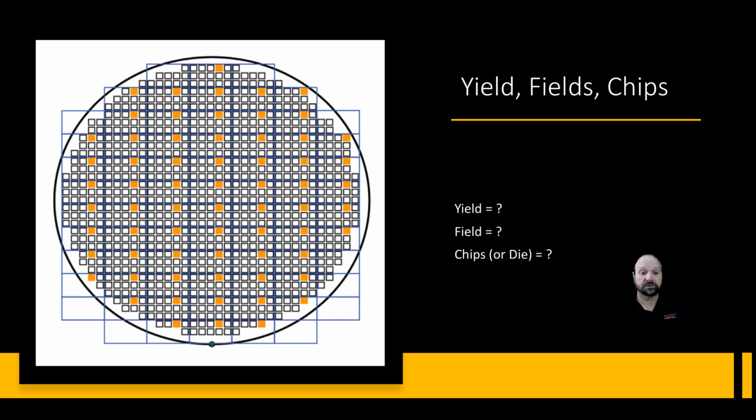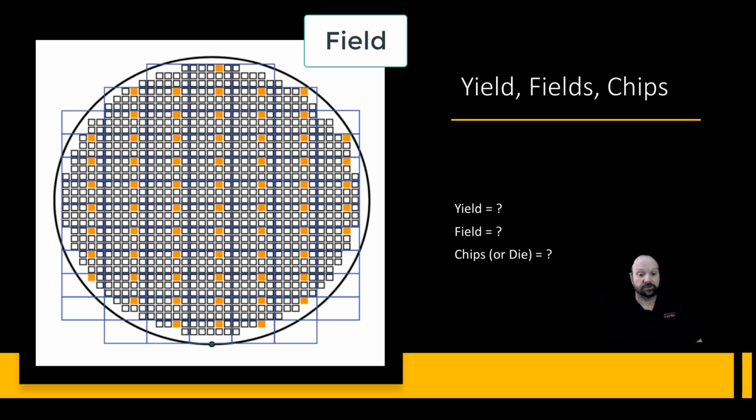Okay, and a field? Well, a field is what a stepper prints for each step it takes during the photolithography process. When you use a stepper, you only expose part of the wafer at a time, and then you step those fields over the wafer.